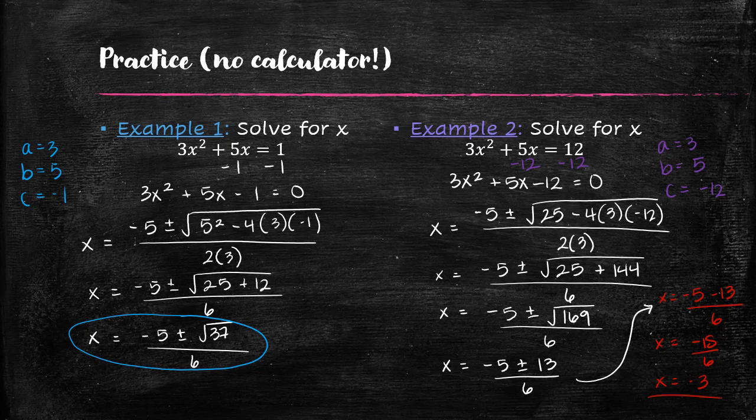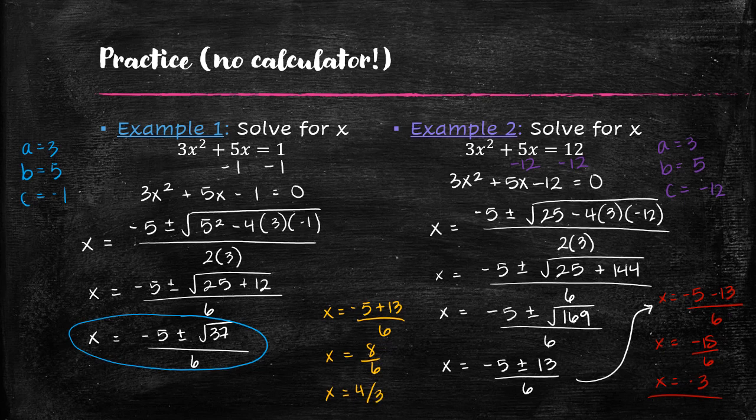Okay, that's one of our answers. Now the other answer is when we say it's negative 5 plus 13 divided by 6. So negative 5 plus 13, that's going to be 8. So 8 divided by 6. Again, that still simplifies. That's going to be 4/3.